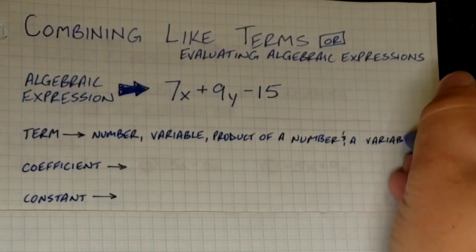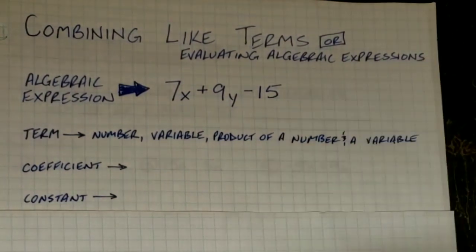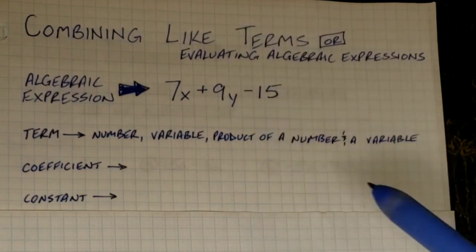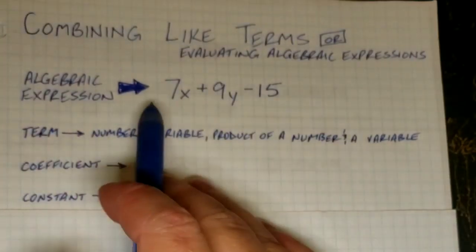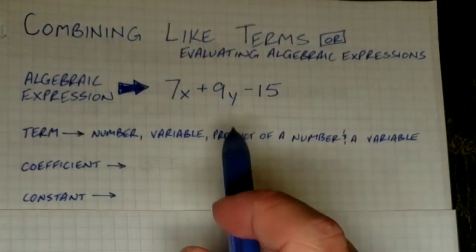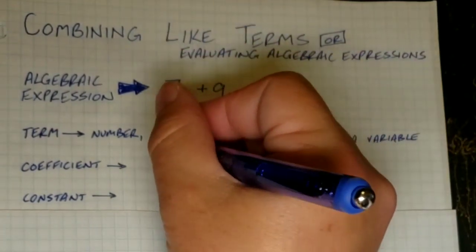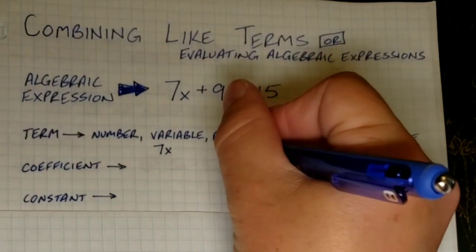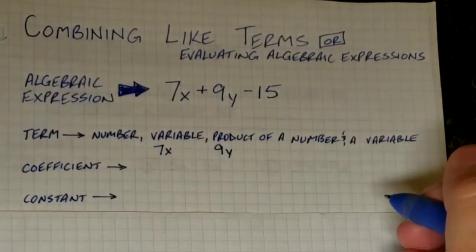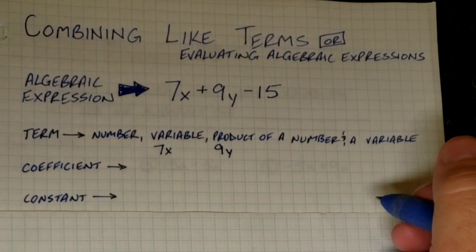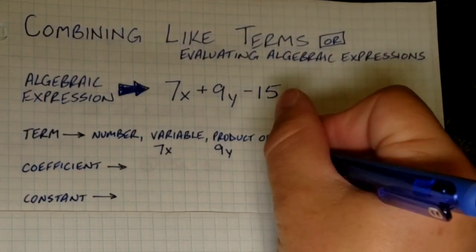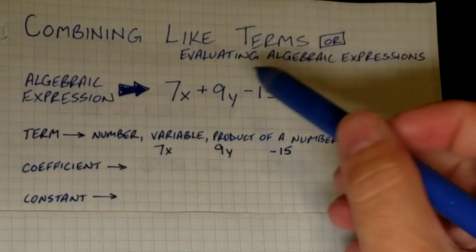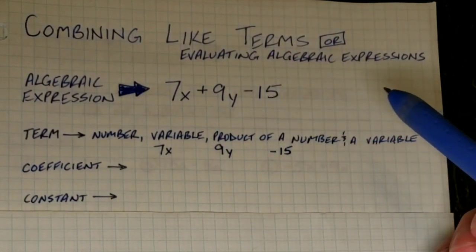And one of the things we have to be very careful about with our terms is that we include the symbol in front of it. So in this algebraic expression, there are three terms. One of the terms is 7x. One of the terms is 9y. And the other term is not 15, it's negative 15. Those are the three terms in this algebraic expression.